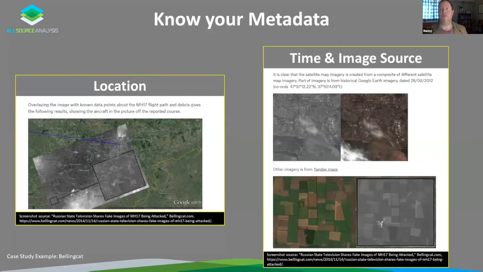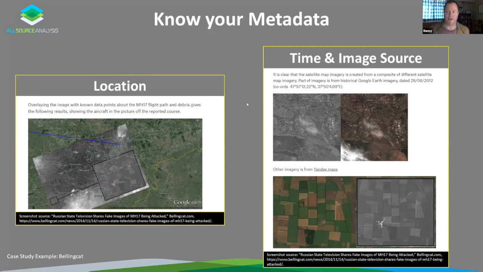Then Bellingcat went further and looked at timing and image sources, and they found that the images themselves were created from different image sources as composites. By comparing timing, for example, in a free source of imagery, in this case Google Earth, they were able to find that the background image was taken directly from Google Earth, and the zoom-in image was taken from a Russian geospatial data provider, like a Russian Google Maps.